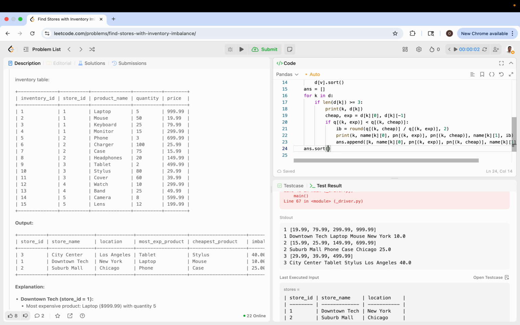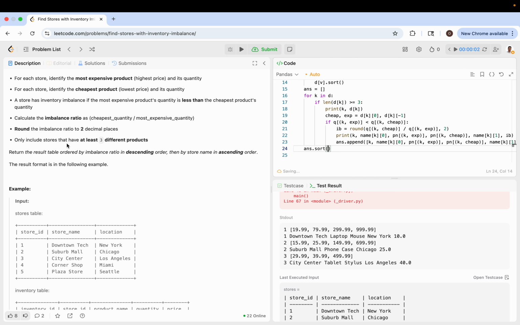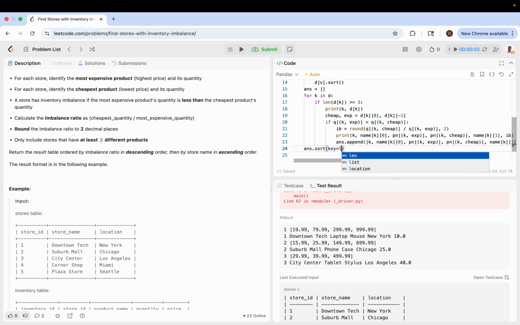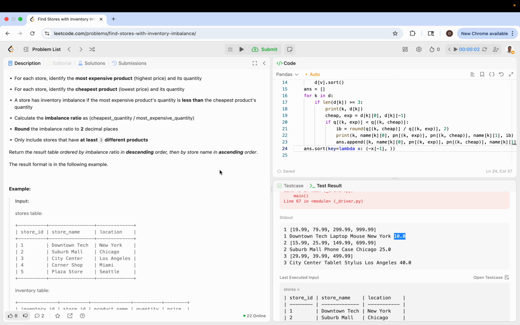And then obviously here we want to sort by the imbalance ratio in descending order. So that's going to be negative x, -1. So the last element, and then by the name in descending order.